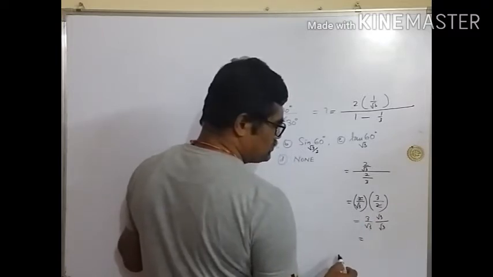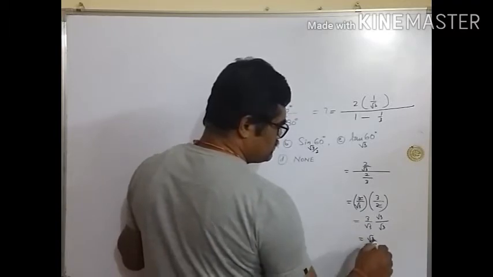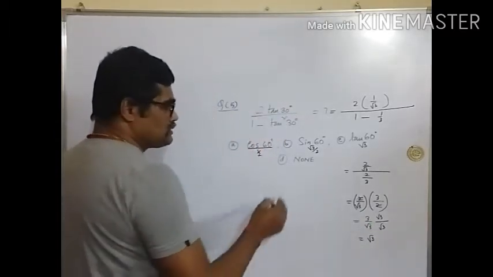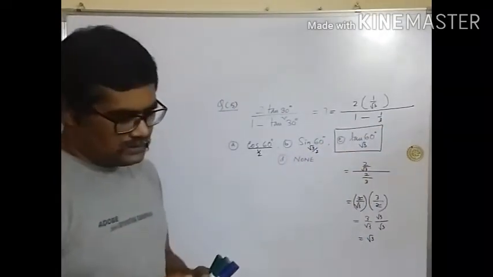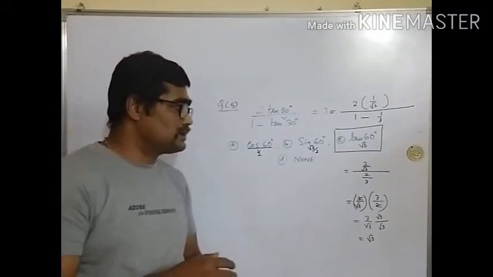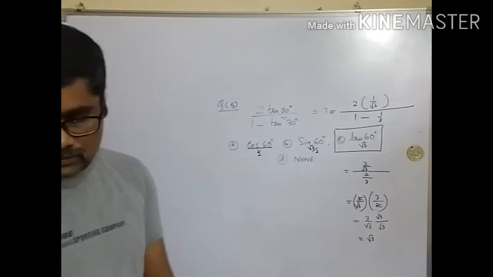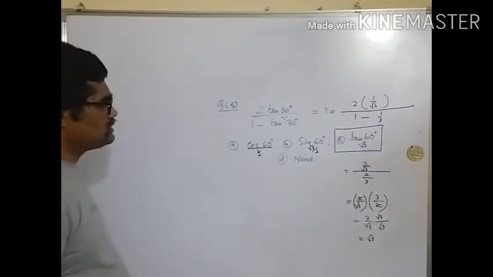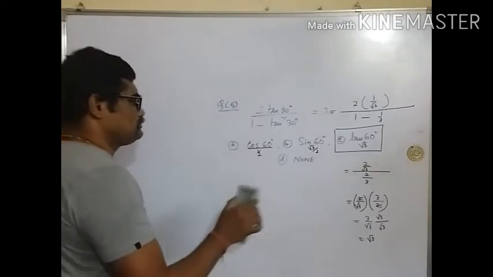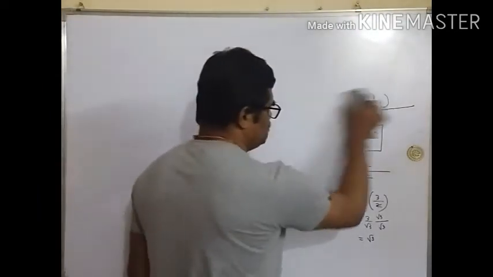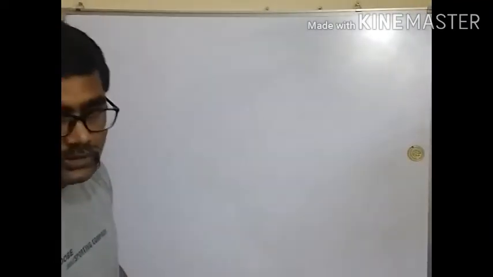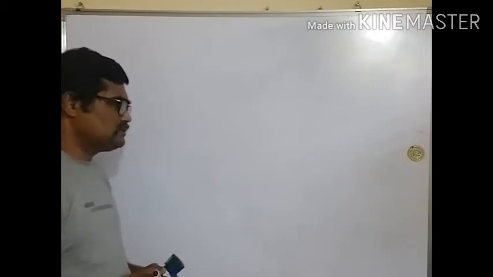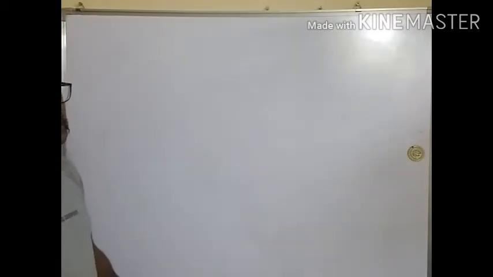Then this will become 3, which will be getting cancelled here and root 3 will be the answer. So out of this, very comfortably, your third, that is option C, is the correct answer. So please go through once and just try to see. These are easy problems. Okay, I'm rubbing this. I need you to stop the video for some time and then you do it yourself. Always if you do it yourself, that is the most comfortable option for you. Okay?